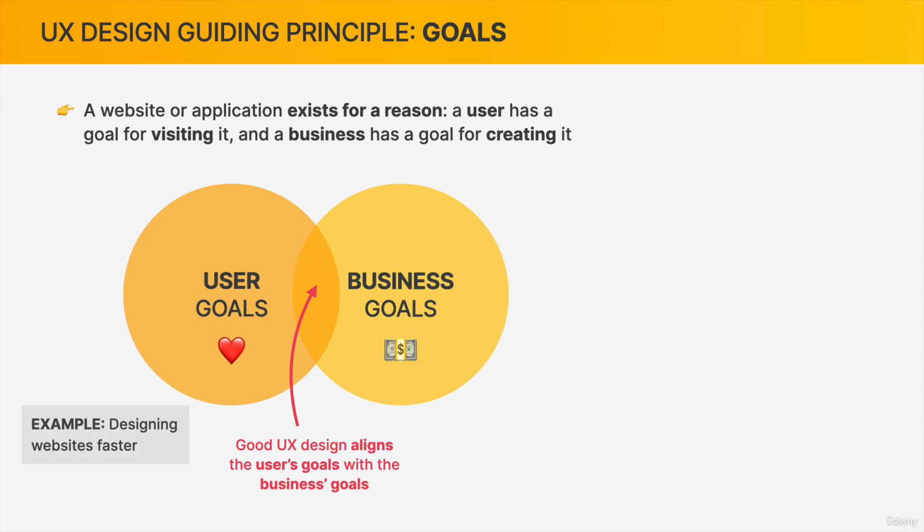So as an example, let's say that the goal of a certain user is to design websites faster, and the goal of some other business is to sell design kits for design tools such as Sketch or Figma. And so here, good user experience design will design a product that makes it really easy for both the user and the business to fulfill their goals.